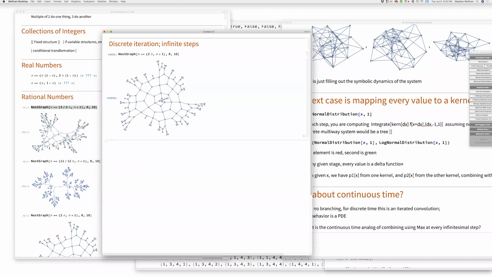By the way, what is the way to think about this in the real number case? Well, okay, it requires more thought. We should probably wrap this up here.